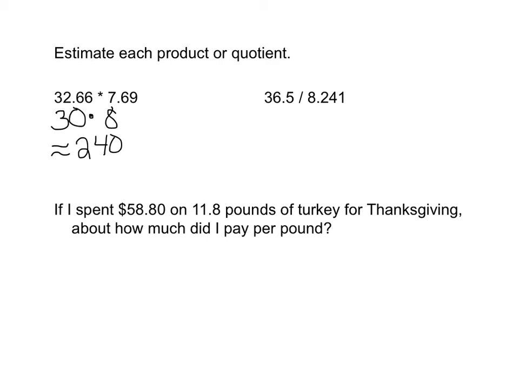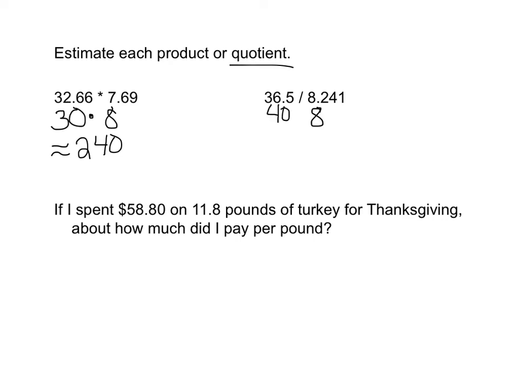On our next one, 36 and 5/10 divided by 8 and 241 thousandths. Remember, we want to round to numbers that are easy to divide because we're looking for the quotient. So here I would usually start with your divisor first. So what are we dividing by? We're dividing by 8 and 241 thousandths. Well, 8 and 241 thousandths is about 8. 36 and 5/10 would actually round up to 37, but we want something that's easy to divide by 8, so we have 32 and 40.